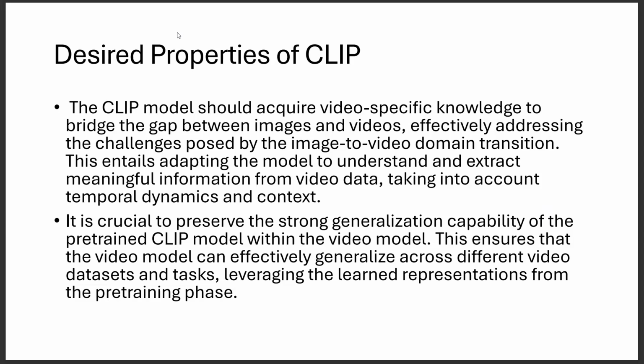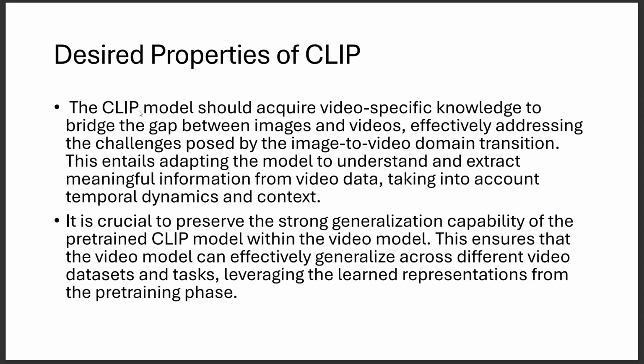Philosophically speaking, the purpose of using a language model is to make the model more generalizable. If it's trained for one particular task, it should not be specific to one particular dataset. It should work in the wild. Like CLIP, which works for almost everything nowadays. So these are the two most desired properties of vision language models.